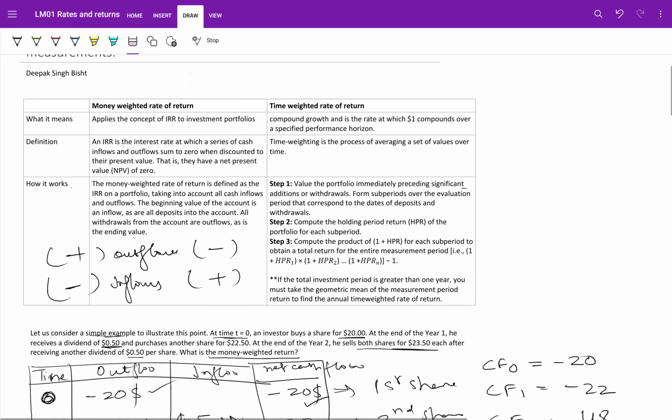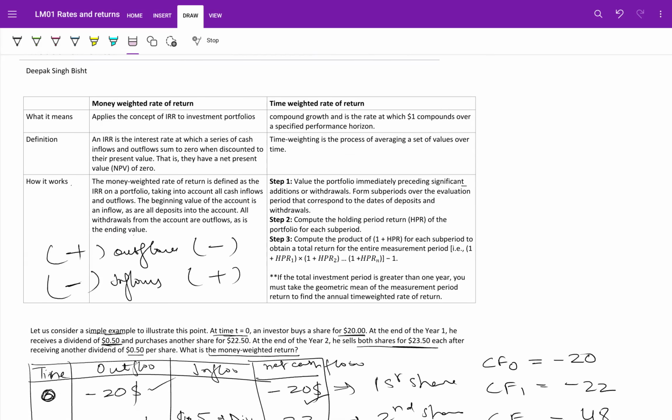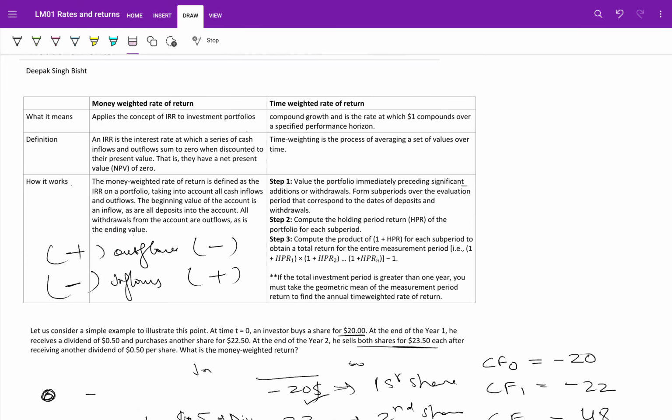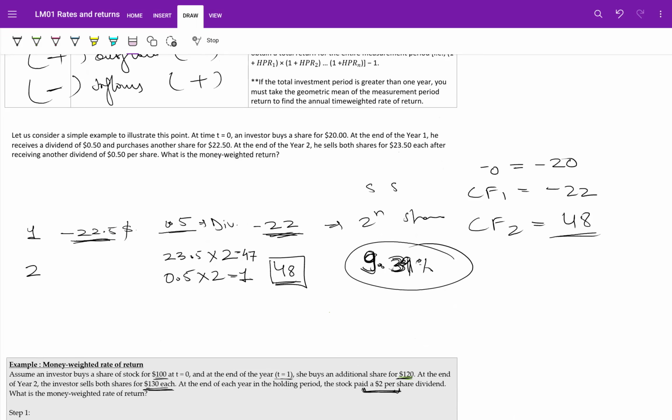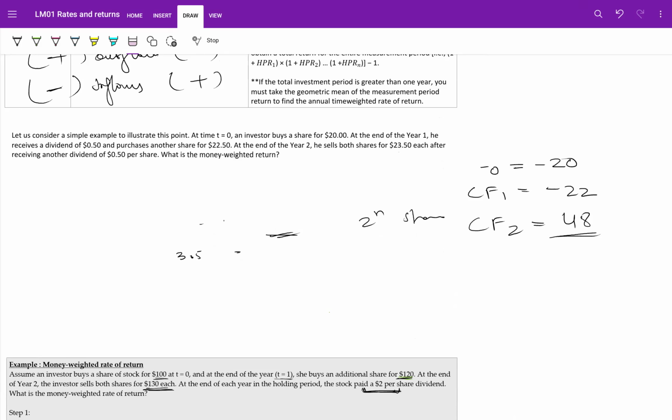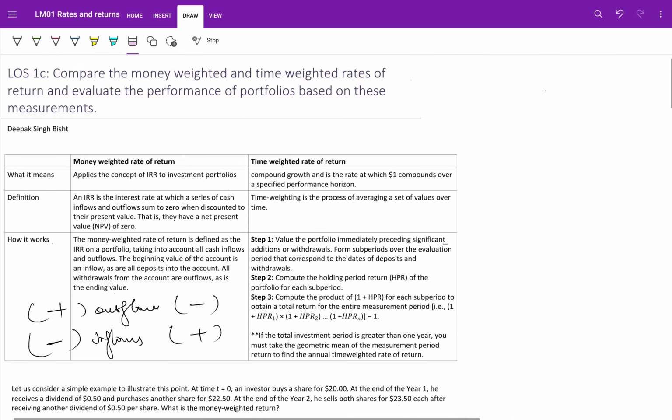Now let's move to time weighted rate of return. Time weighted rate of return is a little different from money weighted rate of return, and the concept is also a little tricky. When we calculated this same example using money weighted rate of return, the answer was 9.39%.